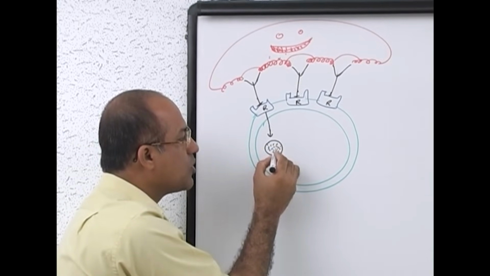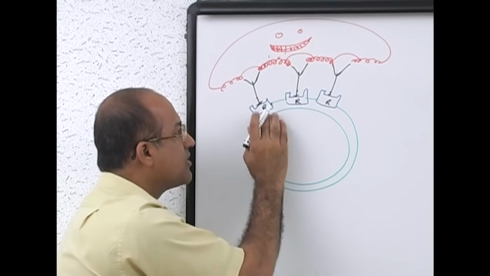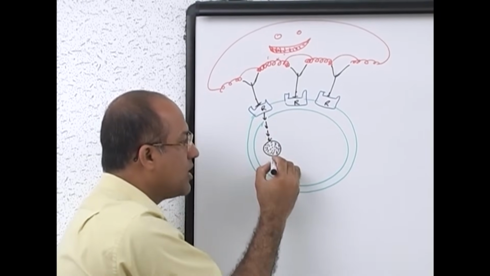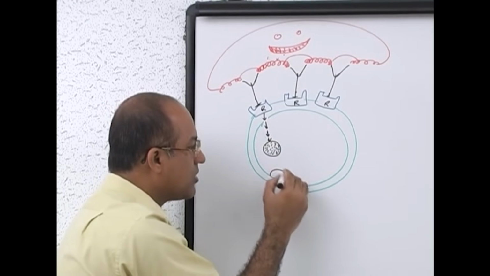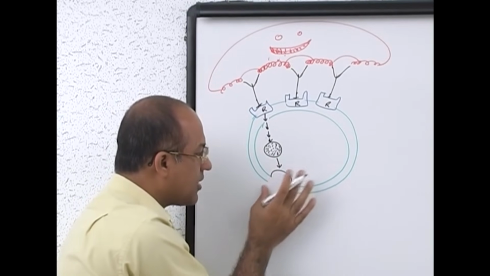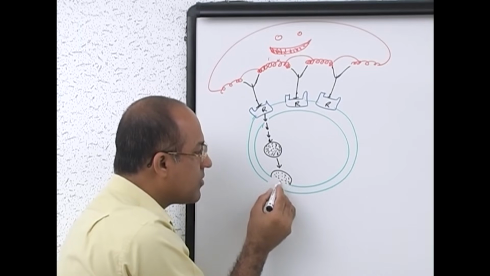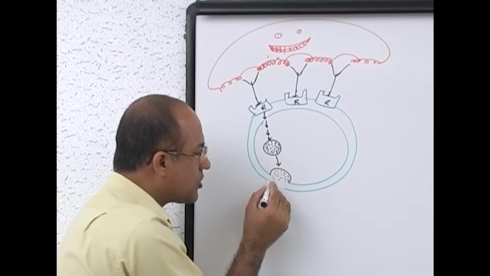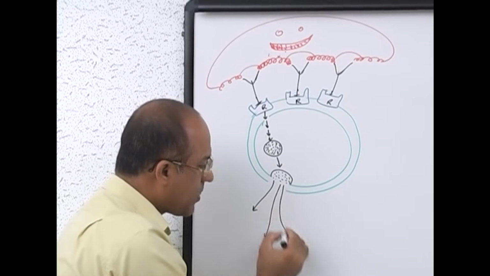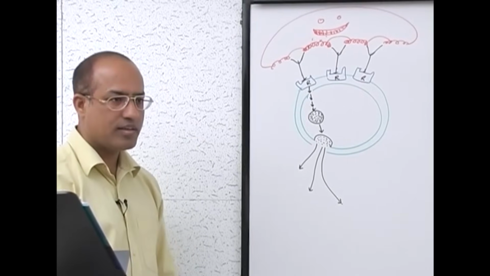There are granules present in the mast cells, and signals will go to the cytoplasm, and these granules will come to the surface and start releasing their products. Is that right?